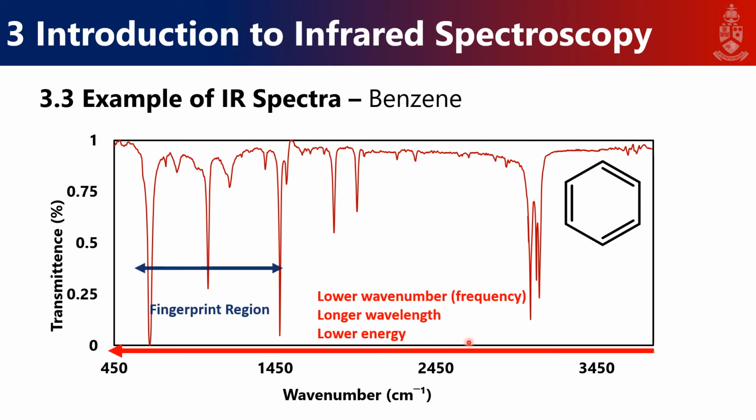And then we search in the lower energy region, or the longer wavelength region. So the lower wave number region is what we call the fingerprint region. So that's between here about 450 per centimeter to 1,450 per centimeter. So we call it the fingerprint region in IR. So that is a region which is unique to a specific molecule.